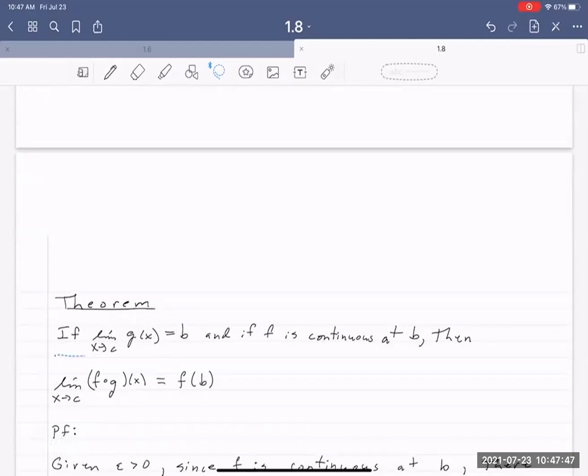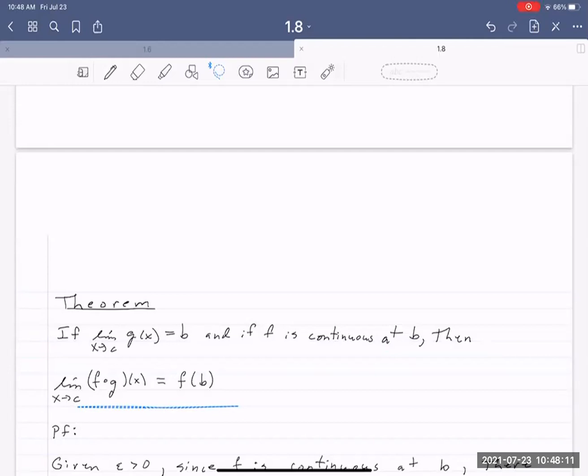Theorem. Suppose the limit as x approaches c of g(x) equals b, and f is continuous at b. Then the limit as x approaches c of (f composed with g)(x) is f(b).